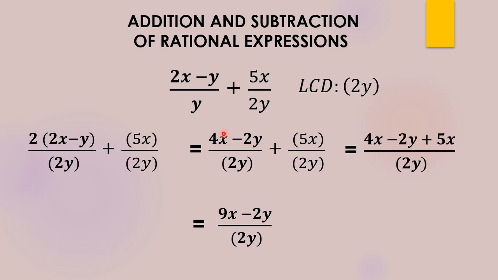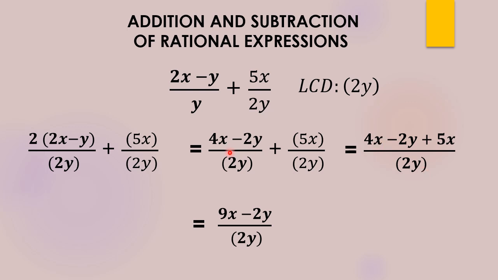So where did we get 4x? We multiply 2 times 2x. So that's why it becomes 4x. And then where did we get minus 2y? We multiplied 2 and minus y. Minus 2y. And then we have 5x. Since these two are similar rational expressions, we can now copy the denominator 2y.